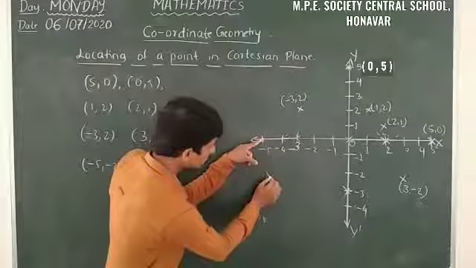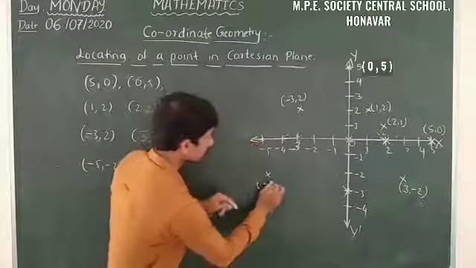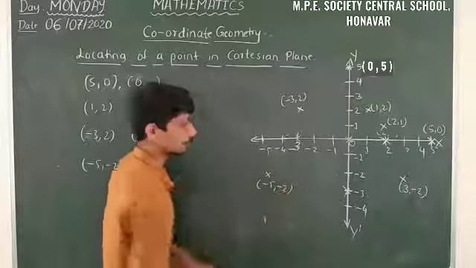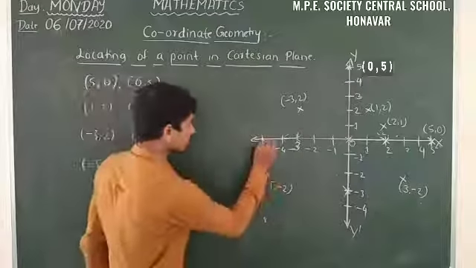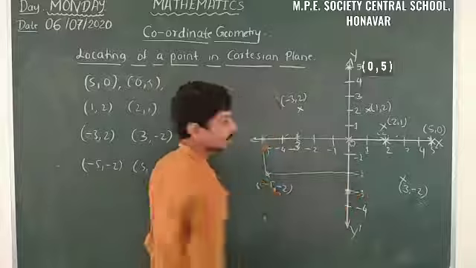So we take the point here, that is (-5, -2).